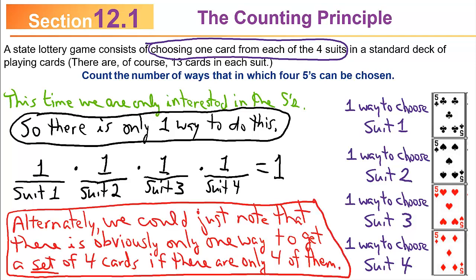So yes, the counting principle applies, but realistically, if you just thought about it a minute, you could have probably decided there was only one way to do that because you're choosing 4 cards and there are only 4 cards there. Obviously, there aren't any alternatives. There's only one way to do that.